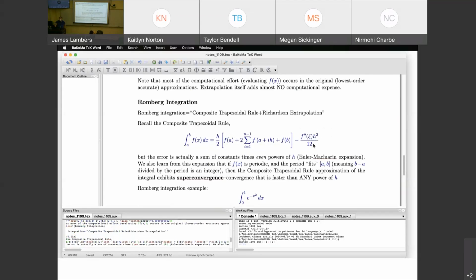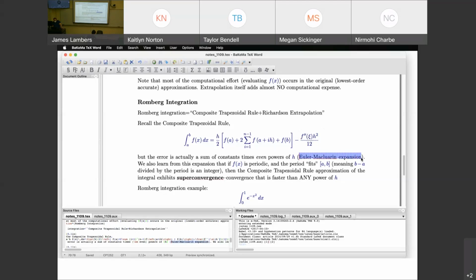And to this point, I've only shown you this error formula. What I've not shown you is that we actually know a lot more about the error than that. It can be shown that the error can be expressed as the sum of terms involving even powers of h, just like for the center difference formula. And that comes from what is called the Euler-Maclaurin expansion.